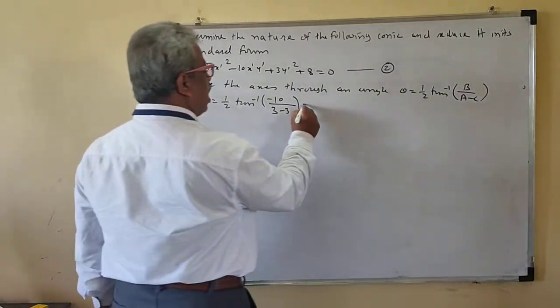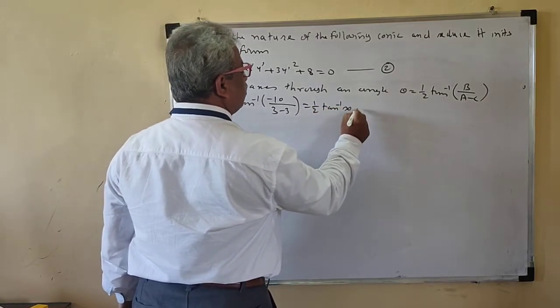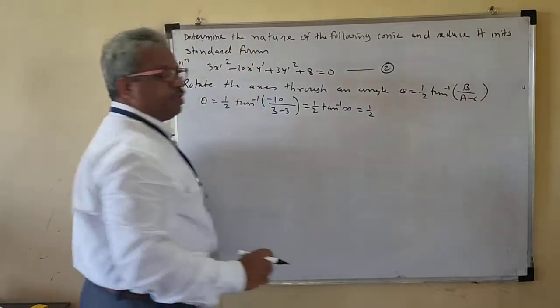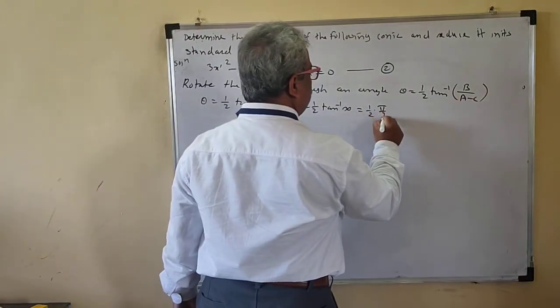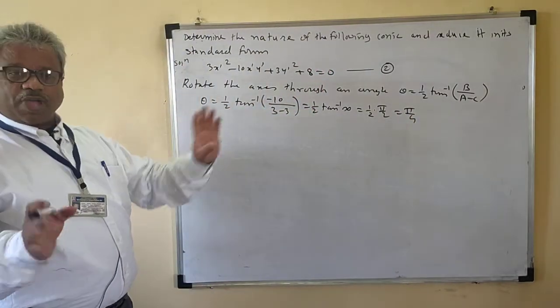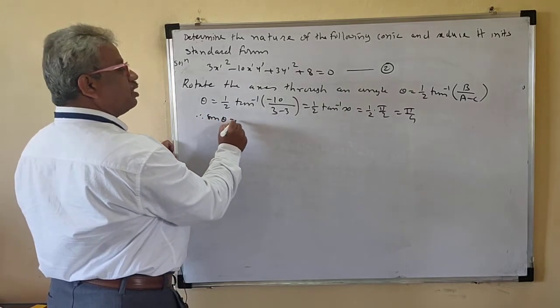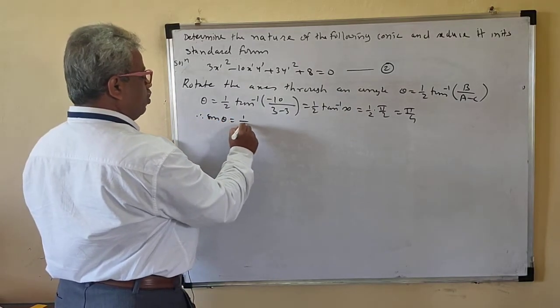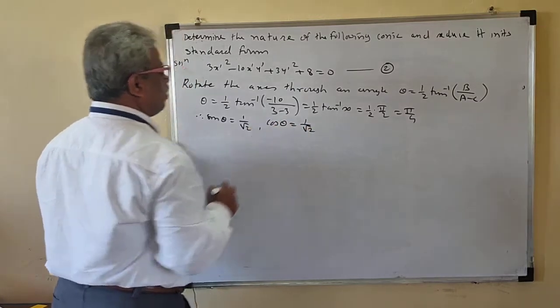That means theta is half tan inverse of infinity, and tan inverse of infinity is pi by 2. So half of pi by 2 is pi by 4. So theta is equal to pi by 4, therefore sin theta is 1 by root 2 and cos theta is also 1 by root 2.